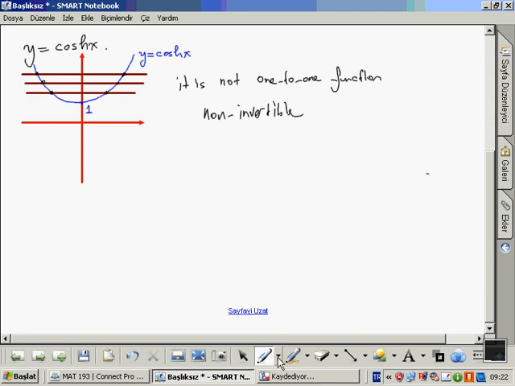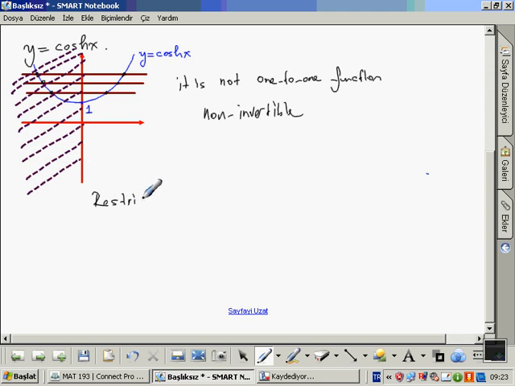For example, when you restrict this function to the positive side of x, you will obtain only the right-hand side of the y axis, and the restricted domain of y equals cosh x means x is larger than or equal to 0.